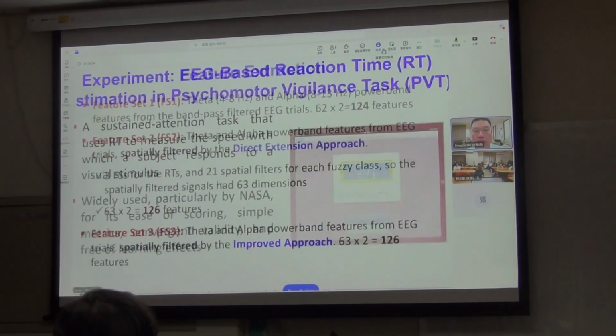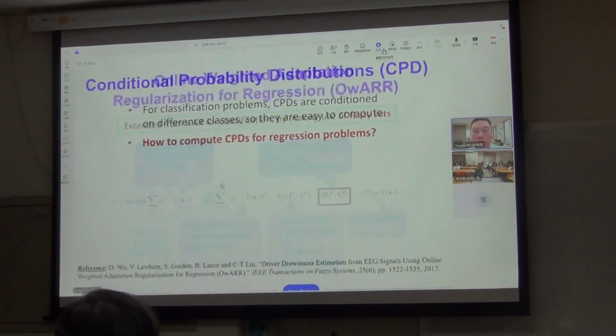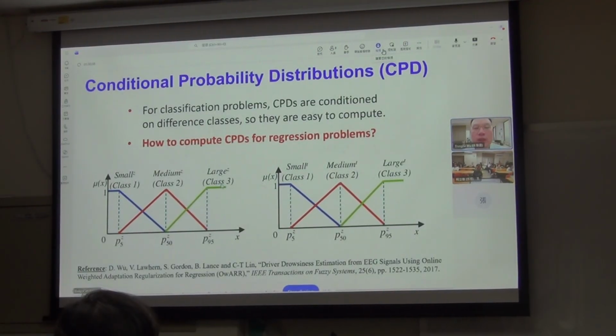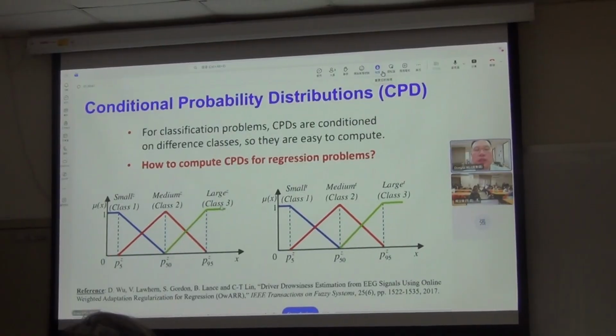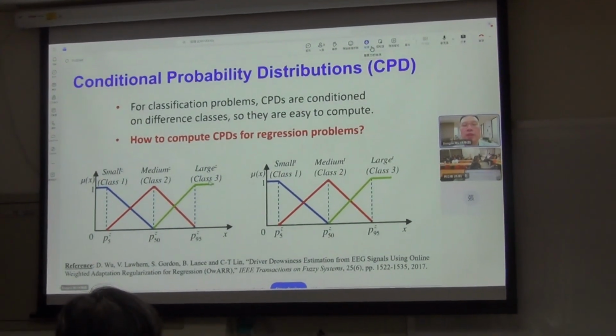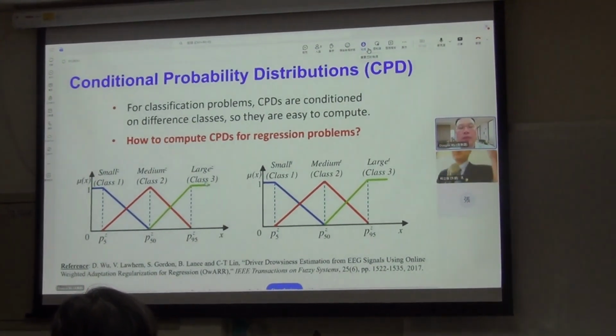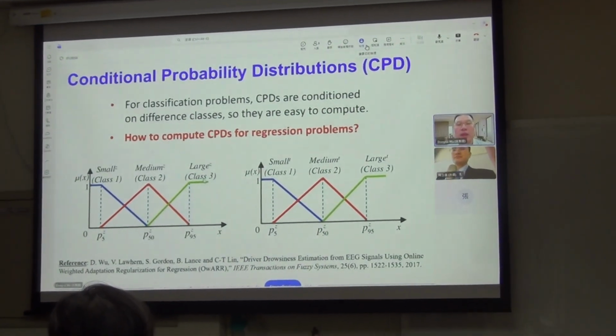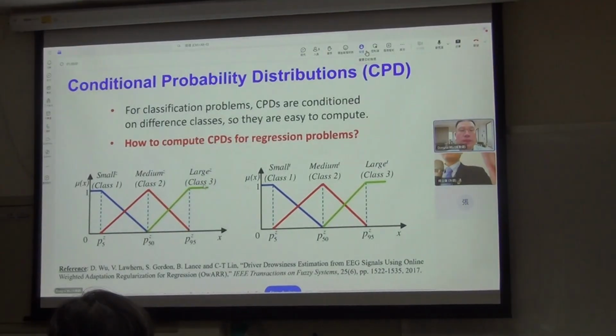Maybe the next one can illustrate this concept more easily. So, based on our experience, we only choose a small number of membership functions. In this case, only 3, and we also tested whether we can have performance improvements if we have 4, 5, or more membership functions, and they have very similar performance.